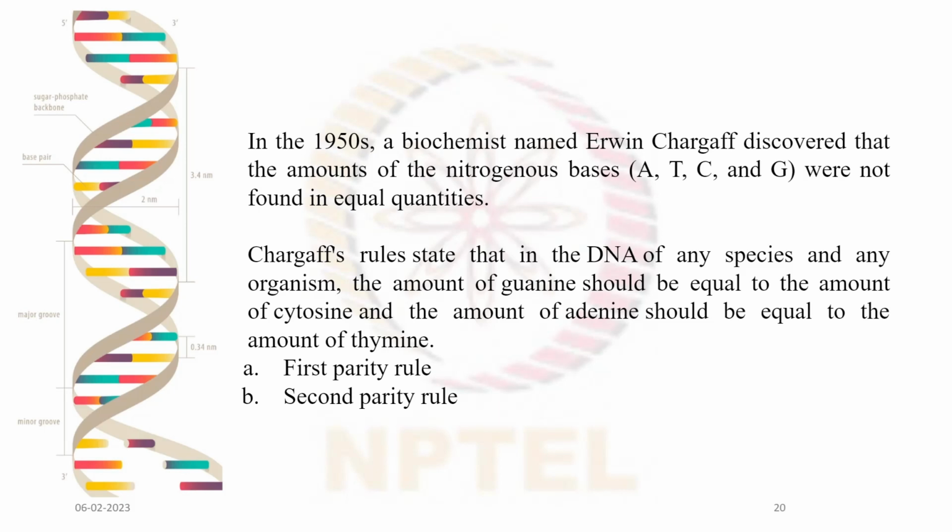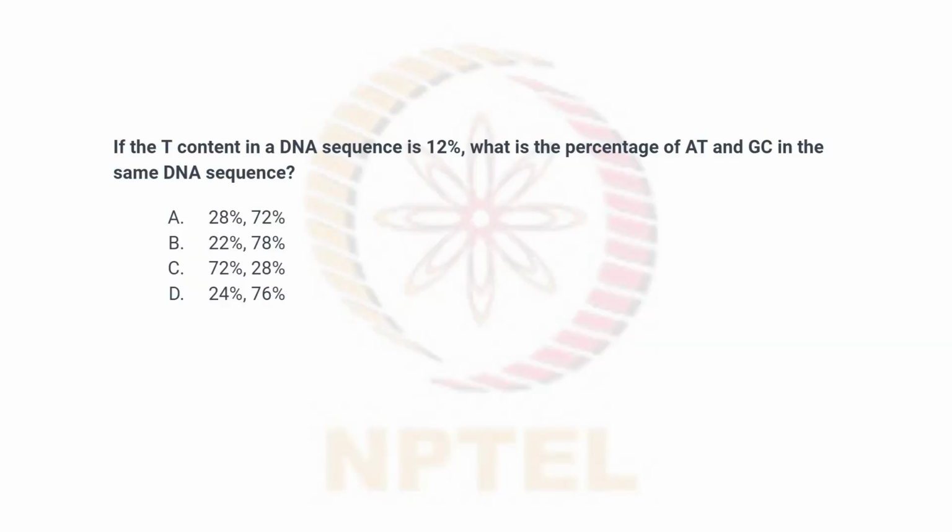In Chargaff's rule we have two things, first parity rule and second parity rule. I'll come to these rules after answering this question. If the T content in a DNA sequence is 12, what is the percentage of AT and GC in the same DNA sequence?